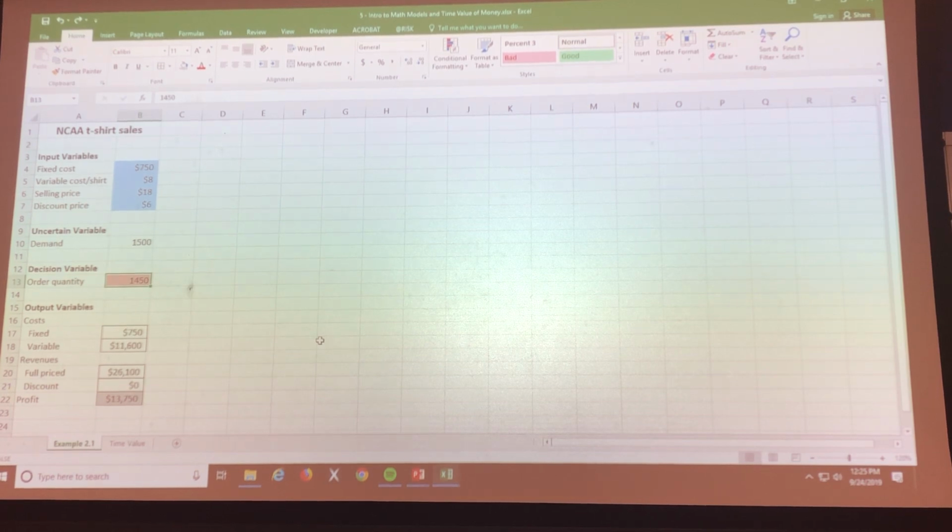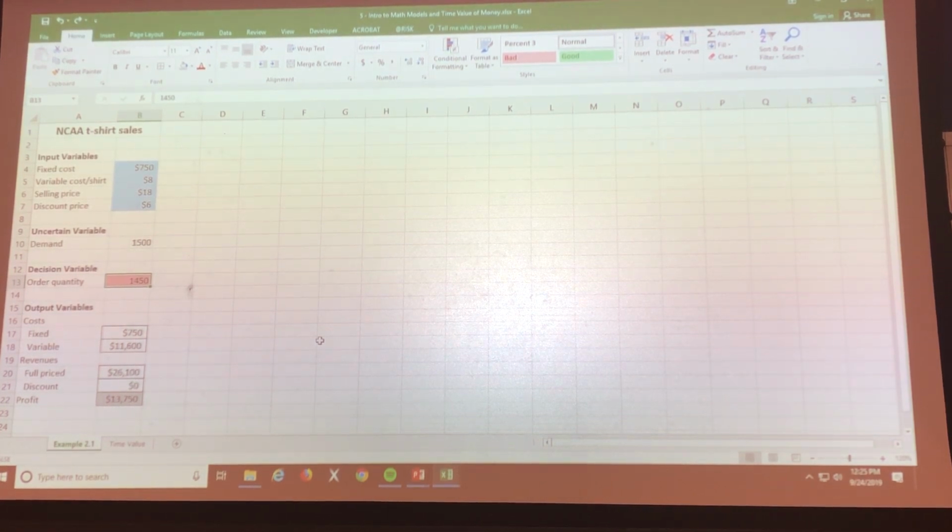But I could lay it out in a more concise, straightforward way if I put that information into a data table. If I just went straight into a data table and put in the entire possible range that I think it could be, which apparently I think the demand could be anywhere from 1,000 to 1,800.